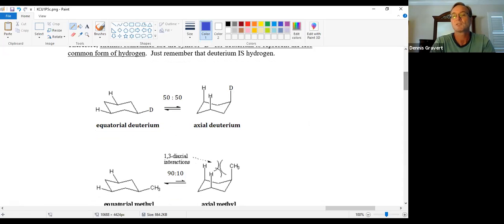So here we go. How can we use it in conformational analysis? Well, I'll put deuterium on here as one of the hydrogens. Turns out it's equatorial. Do the ring flip, and now it's axial. Because deuterium is hydrogen, it comes in with one valence electron, and where the electrons orbit determines the size of the atom. Deuterium is just as large as hydrogen.